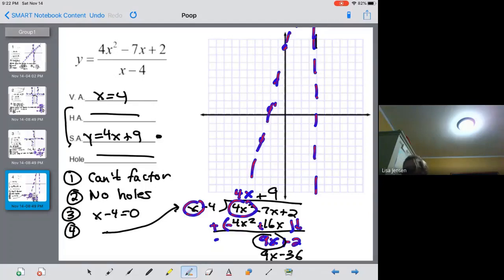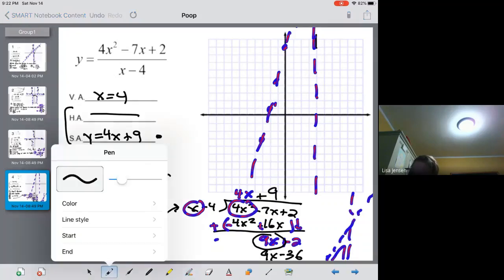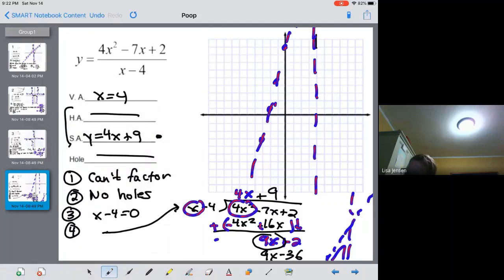And again, you can see the asymptotes go way off the graph. It ends up being something like this, where if we graphed it, we would end up with something down here. Here, I'll do that in black. Down here and up here, okay?